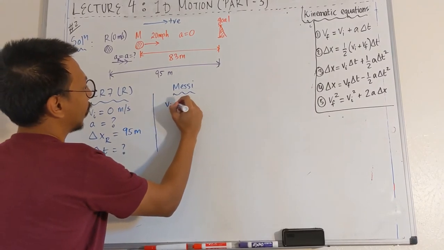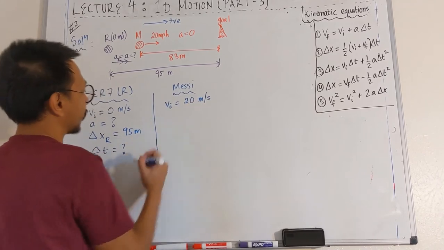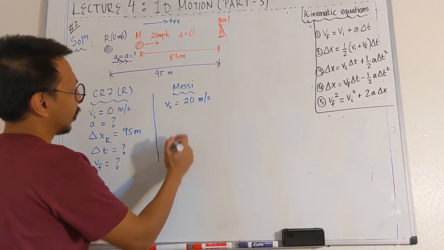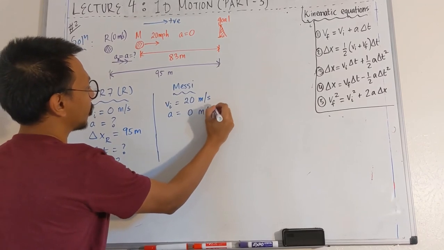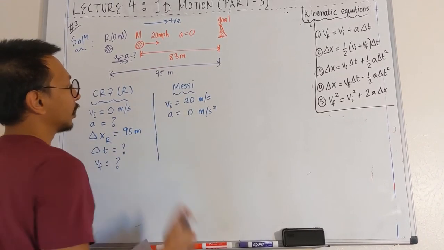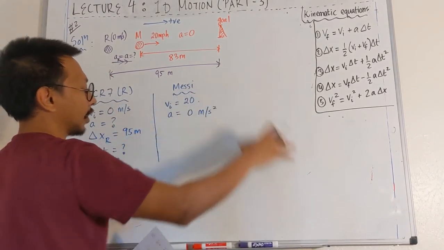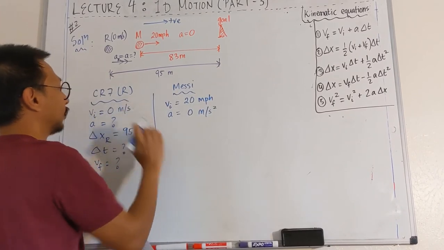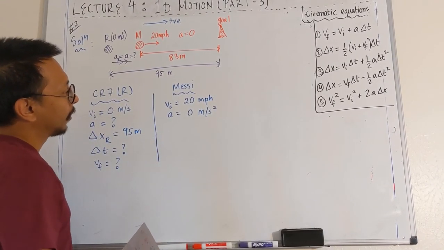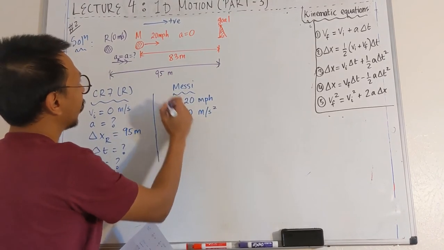We know that VI is 20 meters per second. Okay, and A is, we know, 0 meters per second squared. Actually, this is not meters per second, this is miles an hour. Miles per hour. Okay, and what else do we know?